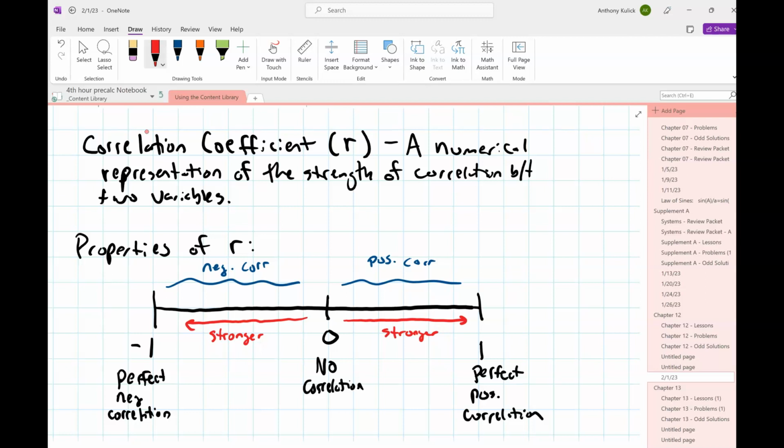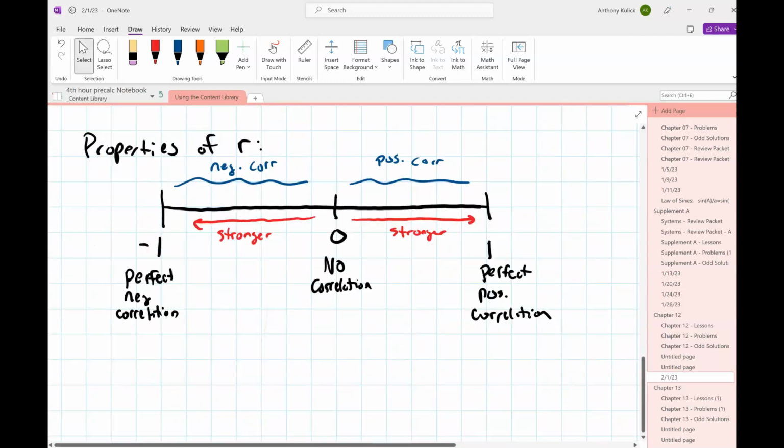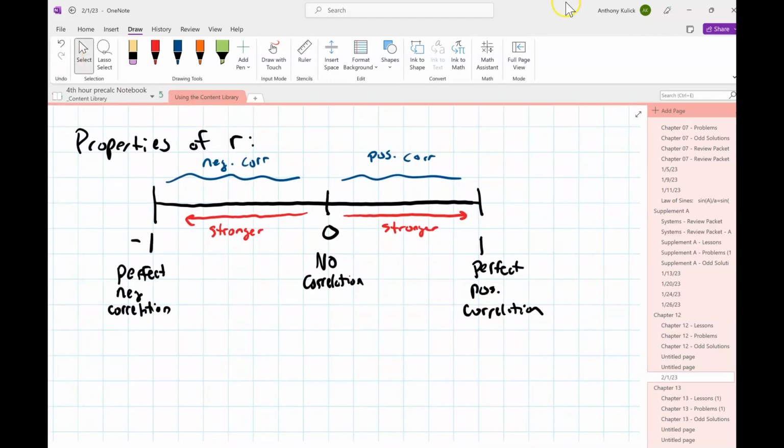In practical terms, you'd really want to be much closer than -0.75 or +0.75. You probably want to be closer to 0.95 and -0.95 to really feel good about your data set being linear. But that's another thing.